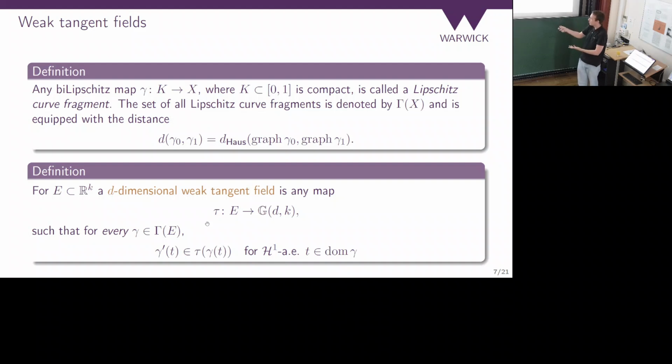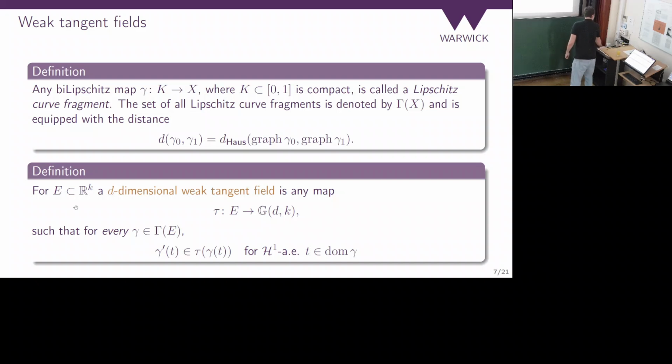It is still a tangent field because you just made the right-hand side larger. So this is completely non-unique, and it's just one directional inclusion. The moment you have a d-dimensional weak tangent field, everything larger is also a weak tangent field. So generally you're interested in what is the least d for the given set E, such that we have a d-dimensional weak tangent field.